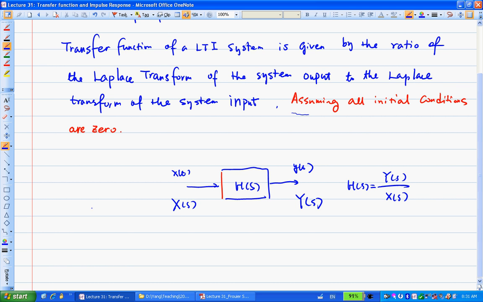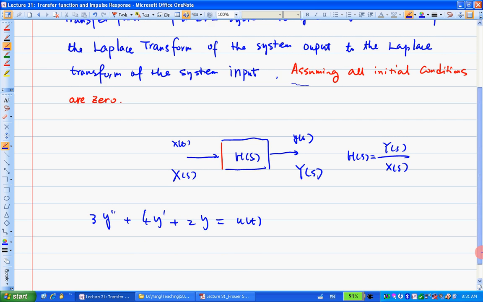So I'll give you a quick couple of examples here. 3y double prime plus 4y prime plus 2y equal u of t.